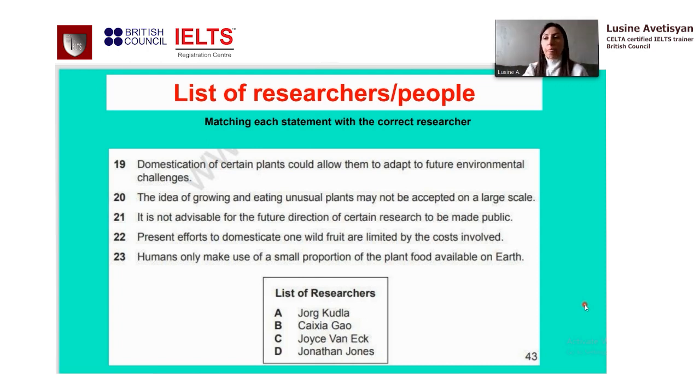So what I do, I go to the list of researchers. I read the name of the first researcher, for instance. I go to the text and locate this person, or any kind of list that we have, anywhere that the name is mentioned in the text. I find all the places of the first person.